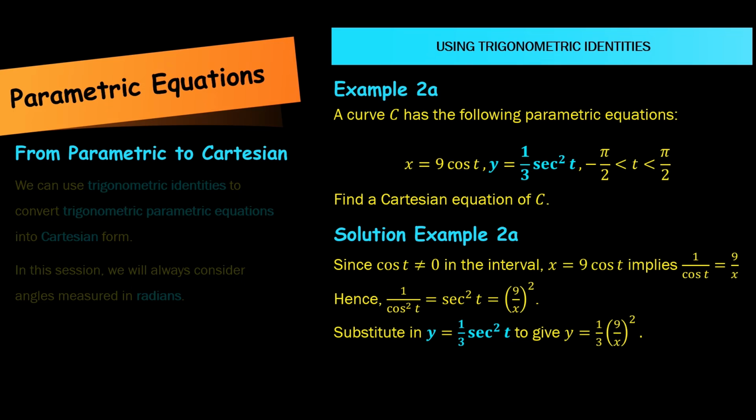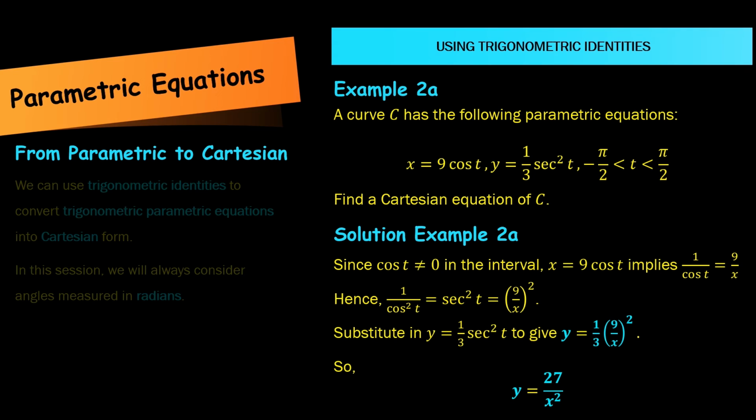If we substitute this in y equals 1/3 sec squared t, we obtain y equals 1/3 times 9 over x squared. And tidying this up gives us y equals 27 over x squared.